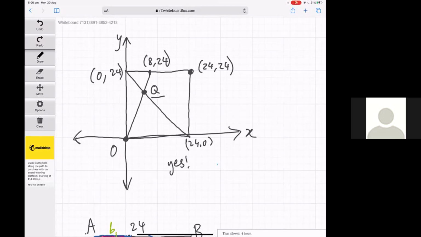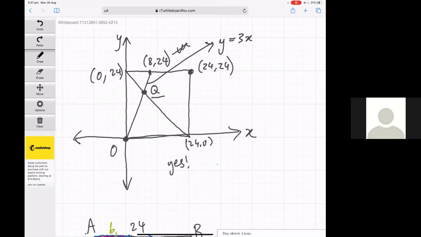So we could find the equation of this line, which should be easy because it's just a line through the origin. We only need to know the gradient, which is always the rise over the run, 24 on 8, which is 3. So the equation of this line is y equals 3x.